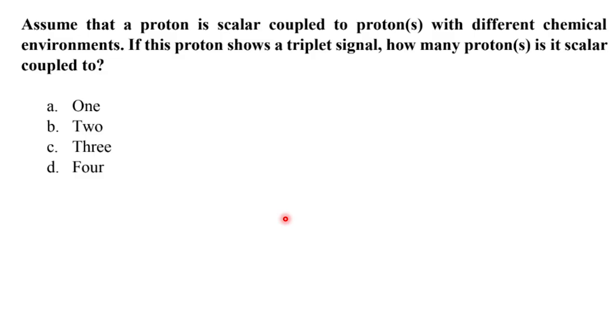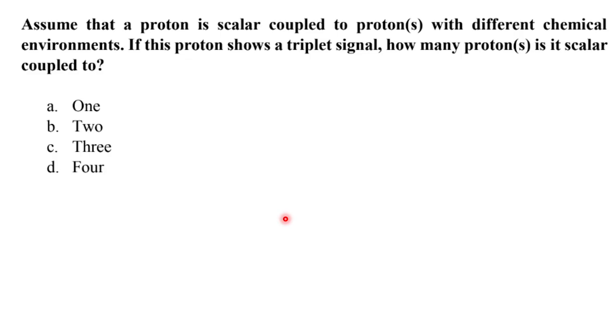Assume that a proton is scalar coupled to protons in a different chemical environment. If this proton shows a triplet signal, how many protons is it scalar coupled to? So if you are getting 3, that means triplet. So we have discussed the spin coupling.